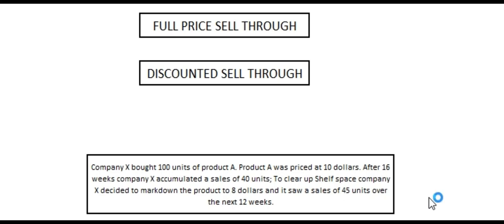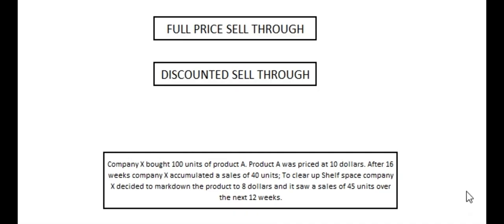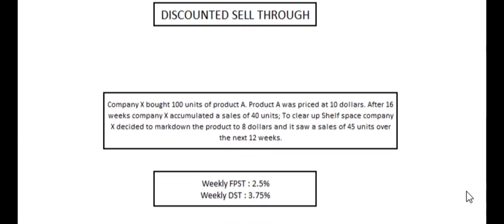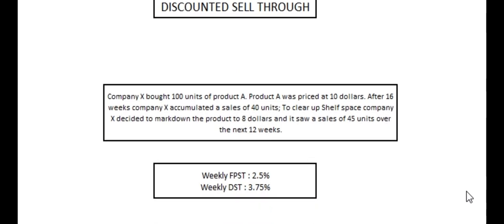Now, as sell-through is a time-bound metric, we will calculate full price sell-through as well as discounted sell-through for a week. In this case, the weekly sell-throughs are 2.5% for full price and 3.75% for discounted sell-through.